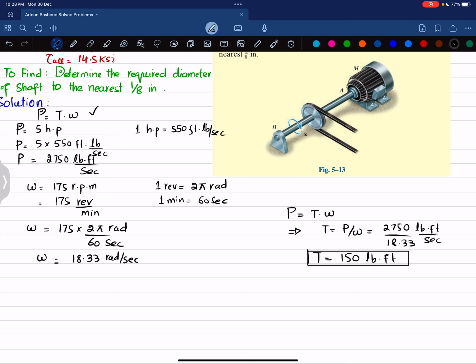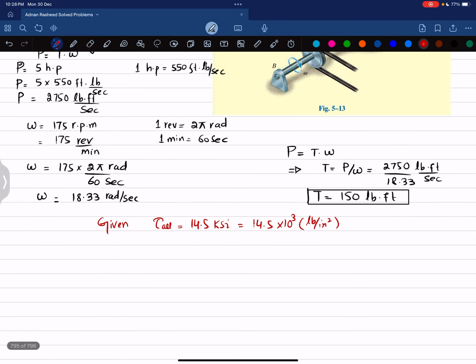Now in the question we have been given that the allowable shearing stress is equal to 14.5 ksi, which can also be written as 14.5 into 10 raised to power 3 pounds per square inch.